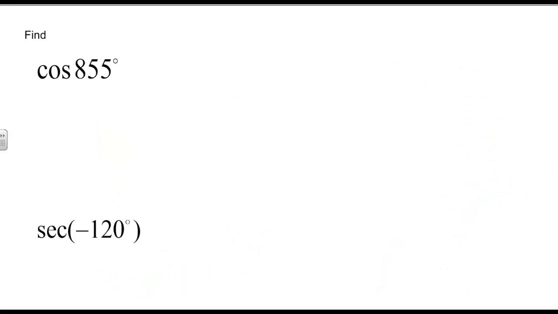Now let's look at these two. We need to know the cosine of 855. Probably the easiest way to do this is to ask, how many times would I go around a circle to get to 855? Well, I know that's over 2 times around a circle, so if I take 855 and subtract 720, I end up with 135.